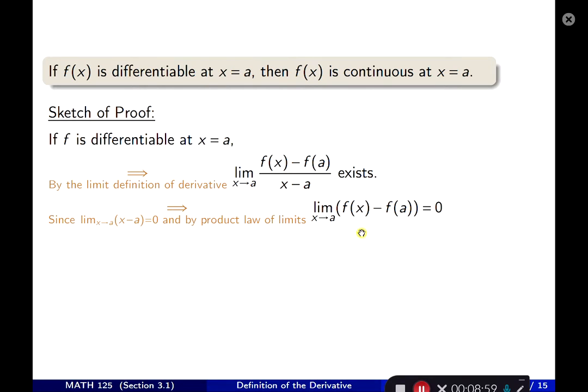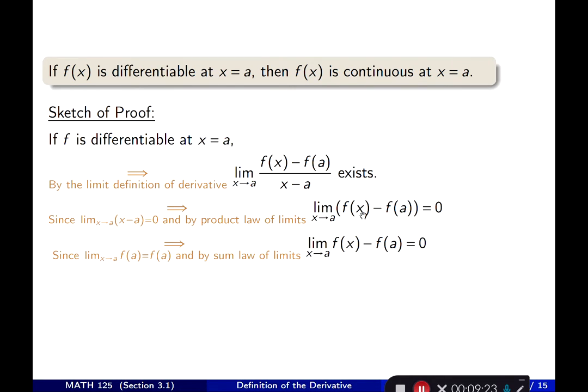Now use another limit property, the property of sums and differences. And so the limit as x approaches a of f of a is going to be equal to itself.